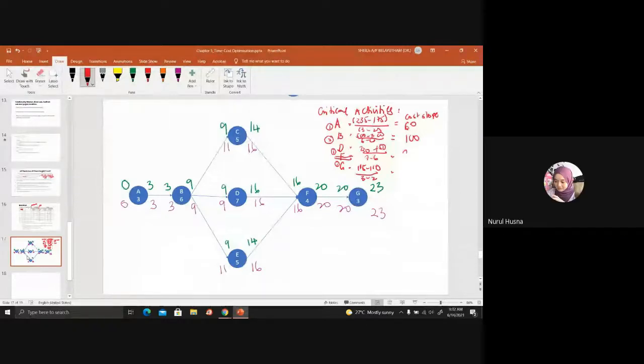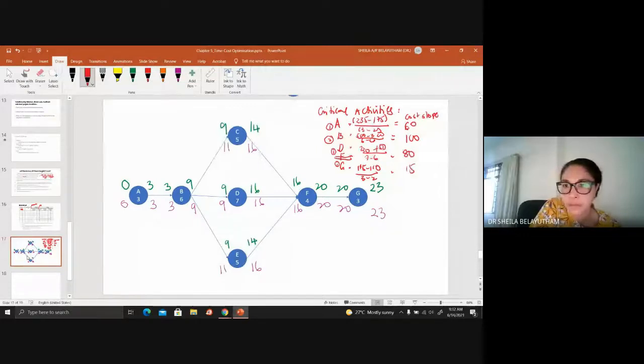Activity G, 15. So these are basically the cost load. Meaning to say that along these critical activities, in order for you to accelerate activity A, you need additional cost of 60. In order for you to accelerate activity B, you need additional cost of 100.